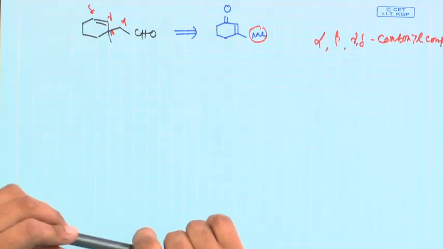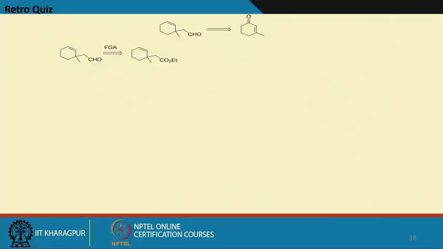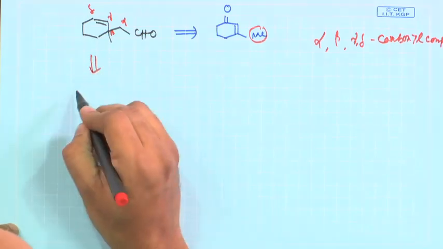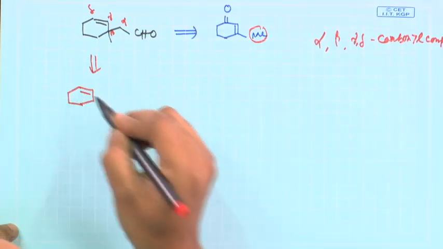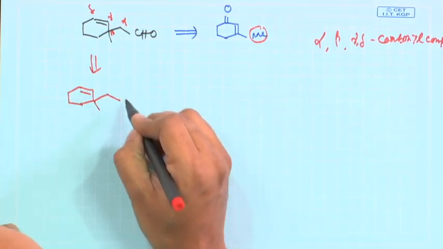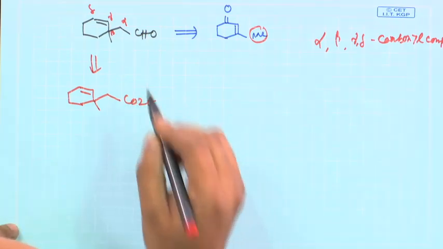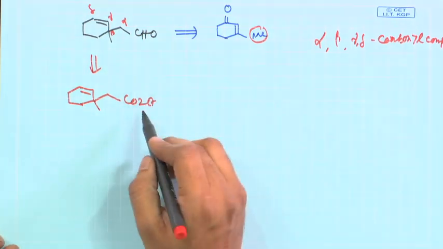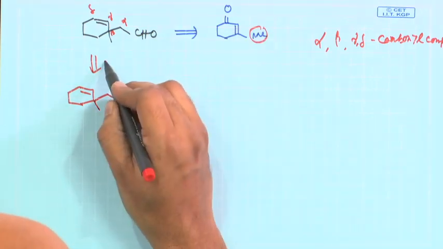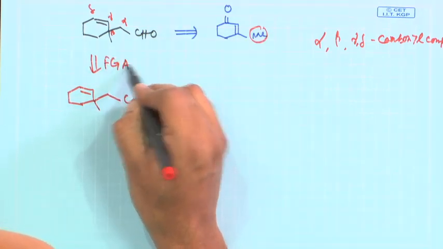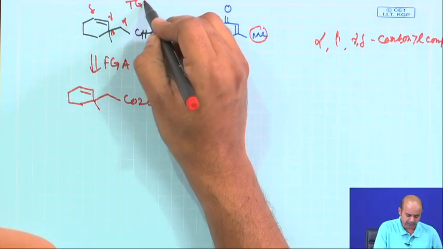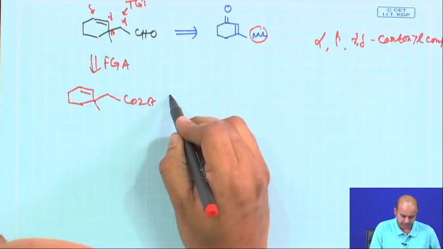For this kind of compound, let us do a simple straightforward analysis. We know that if you can convert this ester, you can easily go back to the aldehyde by simple functional group addition. This is your target molecule, fine.